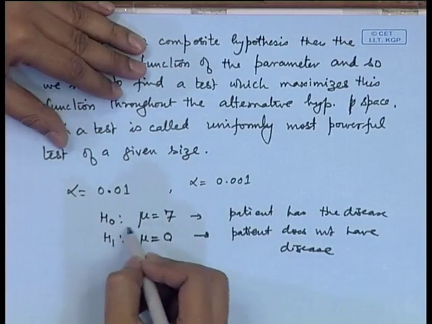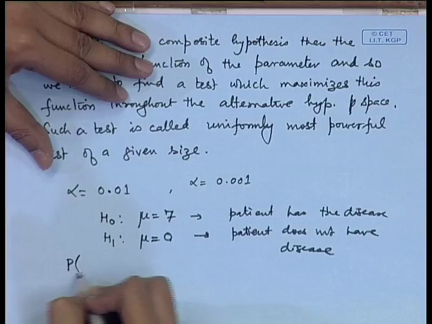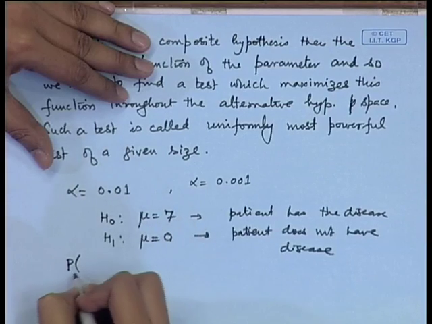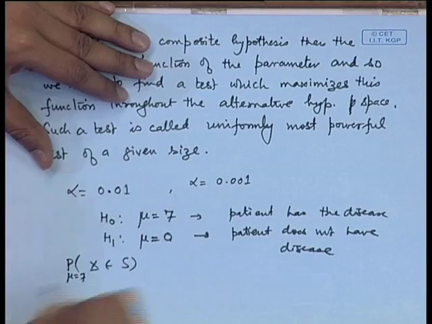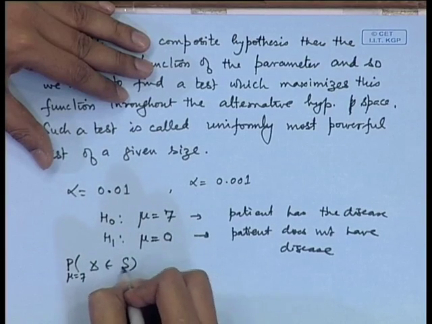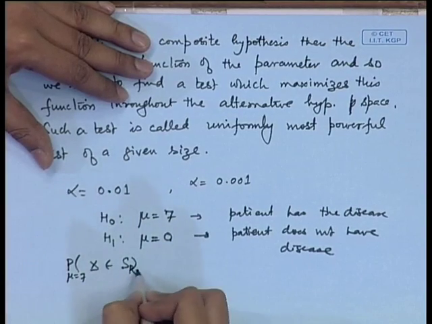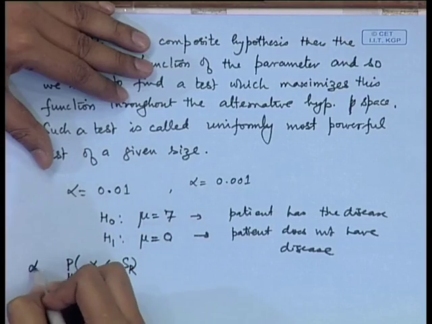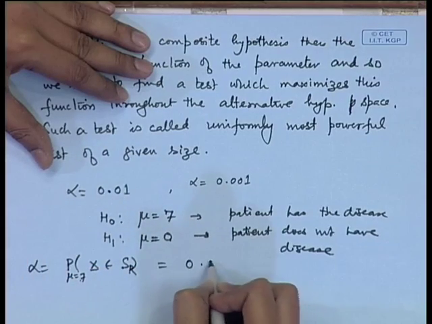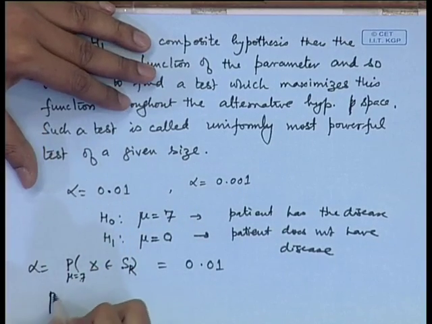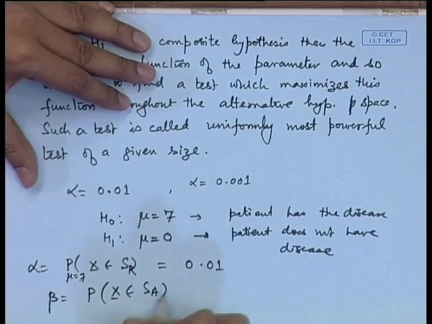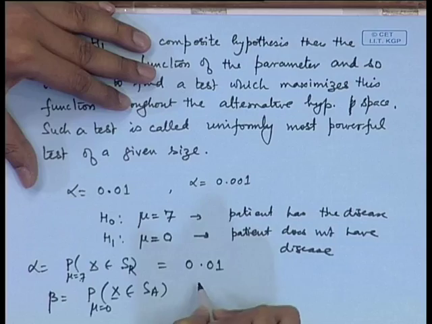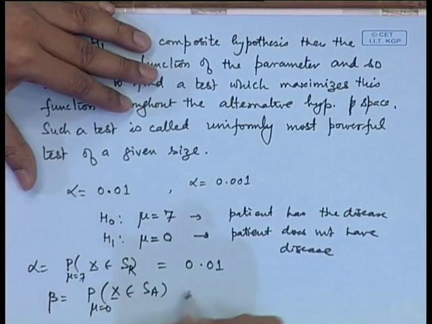In this particular case, the probability of type 1 error is, that is when mu is equal to 7, that is when x belongs to SR, the rejection region, we may put this value to be say 0.01, and now we find that region, that is x belonging to SA when mu is equal to 0. So, this value beta should be minimized.